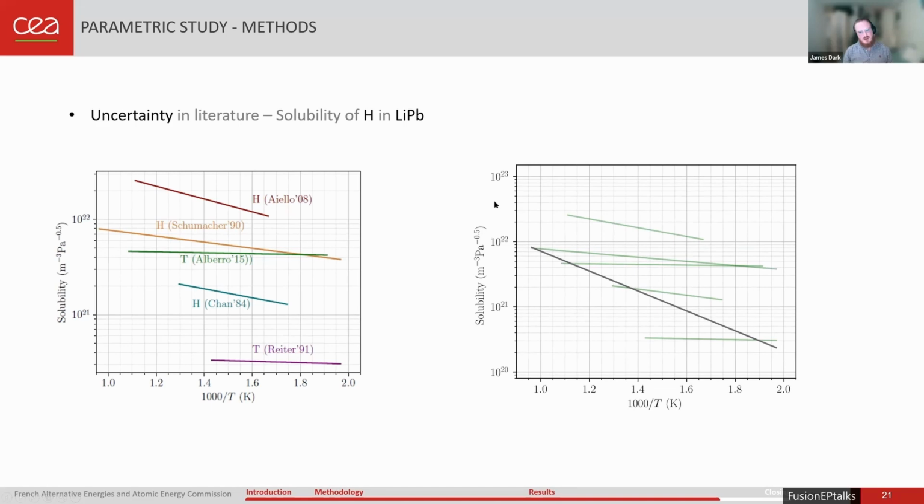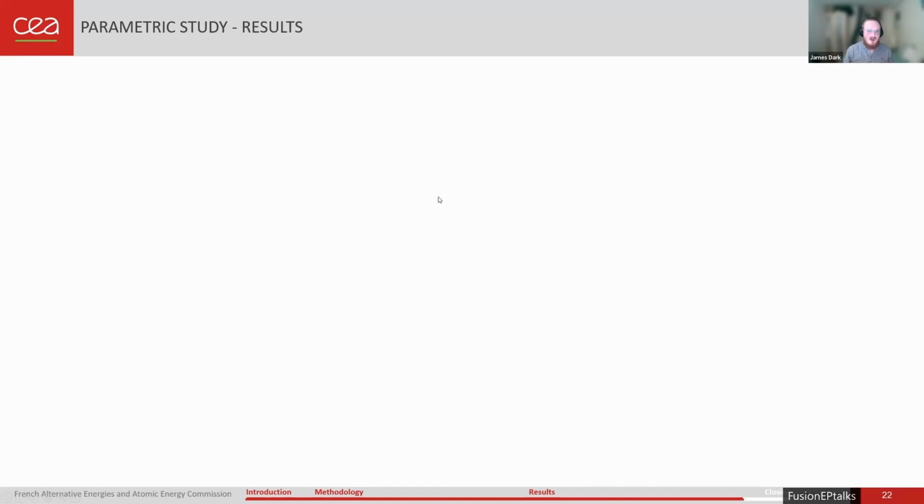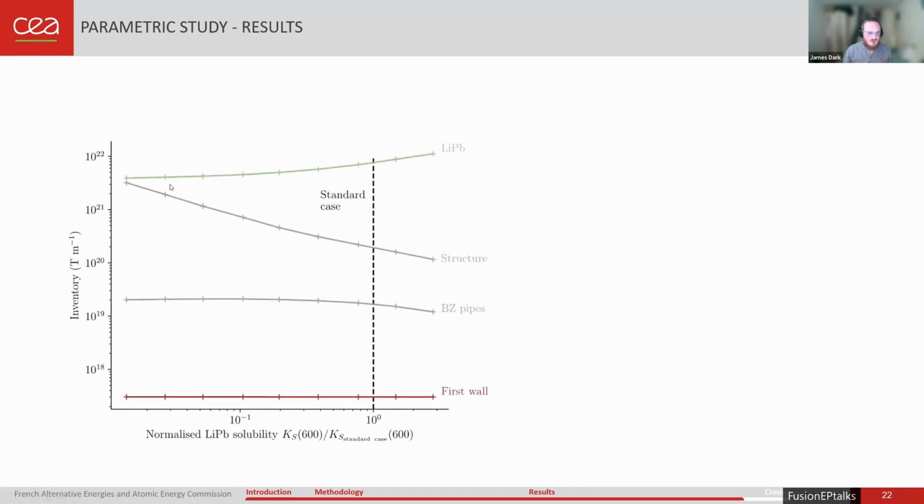So we did a small parametric study, taking the 2 maximum values of our solubility of hydrogen in lithium lead, and picked some values in between, and ran simulations for each one. And these are the results that we see.